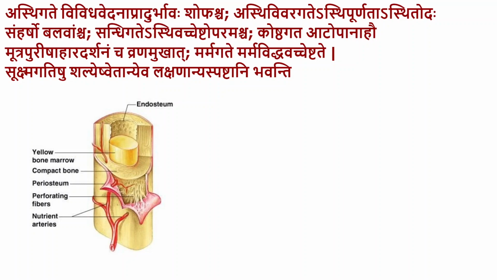Sandhigate, if there is an involvement of any joint, then astivata chestoparamashta, the functions of the joint could be affected. When I say the functions of the joint could be affected, it could be either a lesser function or hyperfunction, a hyperflexibility of a joint also is suggestive of an injury, or it could be an abnormal movement which otherwise is not seen, which we call as flail movements.